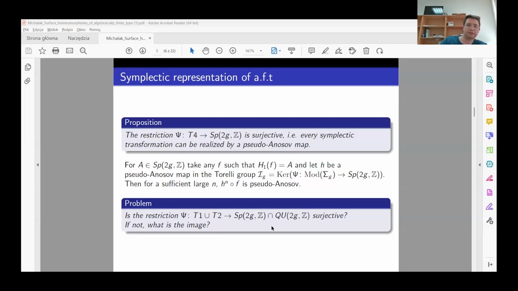We are asking whether this is surjective, and if not, what is the image? It turns out that such a simple question is, to our knowledge, not known today. We have some conjectures, maybe I can say at the end of my presentation.